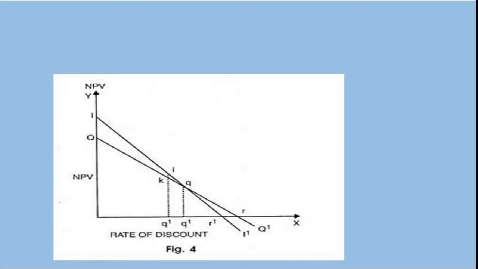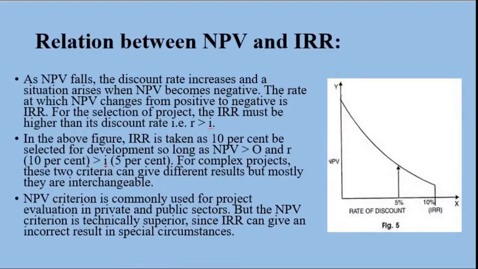Now we'll understand the relation between NPV and IRR. The NPV, based on the social discount rate, and the rate of returns are two criteria which are used for choosing any project. The relation of these can be understood with the help of this diagram.